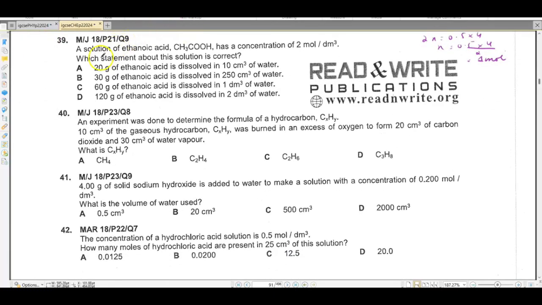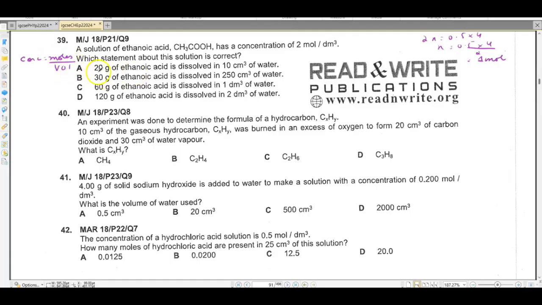Question number 39. A solution of ethanoic acid has a concentration of 2 mole per decimeter cubed. Which statement about this solution is correct? 20 grams of ethanoic acid is dissolved in 10 centimeter cubed of water. Let's see. We have the concentration, and then we need moles and volume.